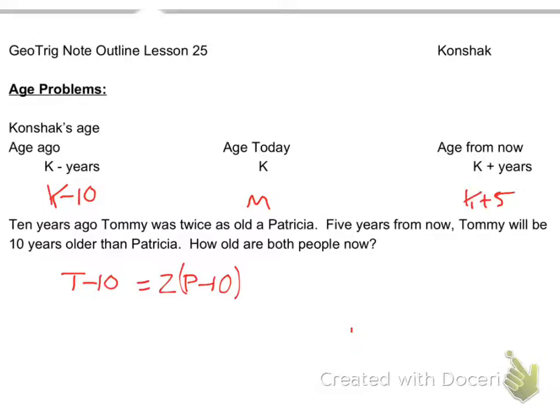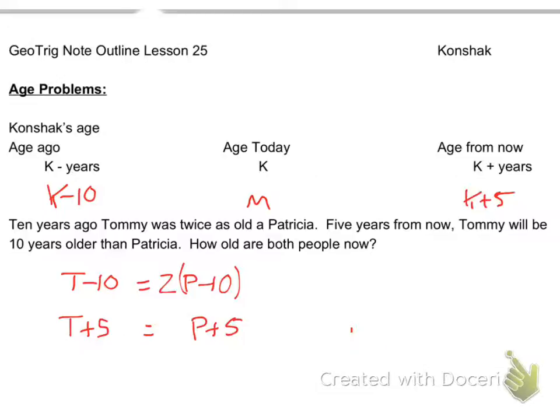Then it says 5 years from now. So now it's Tommy plus 5. Does that equal Patricia plus 5? I think we can all agree that that won't be, right? But it says Tommy will be 10 years older than Patricia.